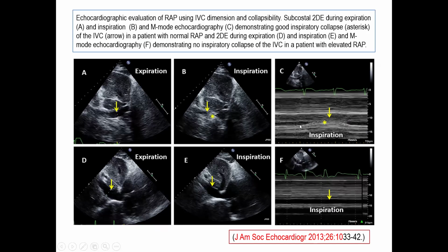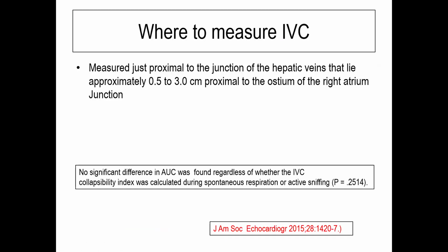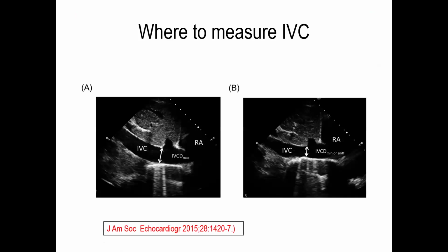So I can measure this distance in end expiration, and virtually there is no distance left in inspiration. If it's less than 21 millimeter size and almost disappears, it means that we are having an RA pressure of 5 millimeters of mercury. So this is the measurement we do, during end expiration and with inspiration.